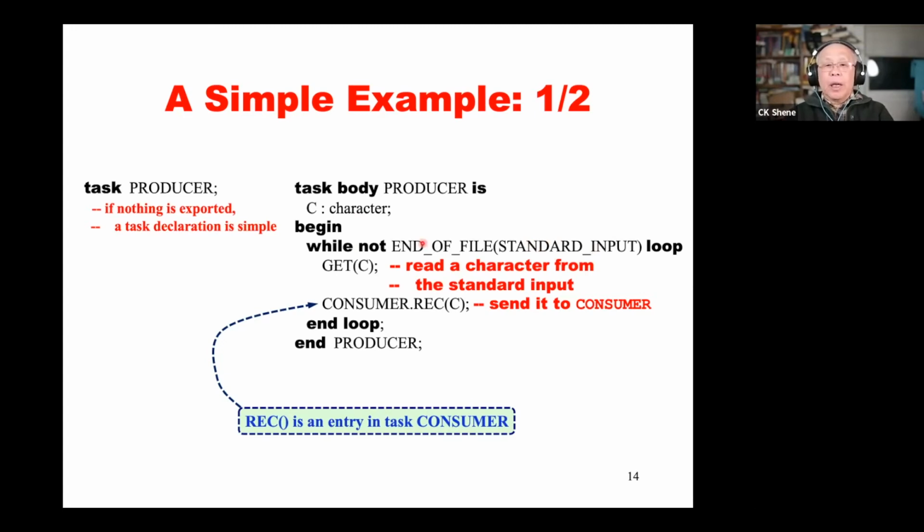This means as long as the standard input still has something to read, we loop, and the end loop is here. If something is there, we read that character from the stdin and call the function receive of the task consumer. That is, send this character to the entry REC of the task consumer.